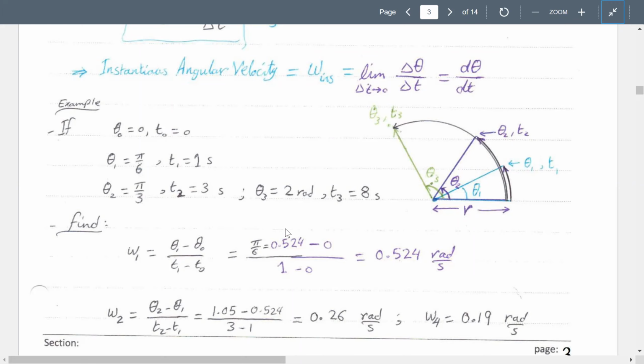And I will tell you how to convert between radians and degrees. It is just converting between units. At time equal to 8 seconds. So we have the position and the time. We can find the average velocity between any 2 points. Now find omega 1. I'm sorry, not w, omega.